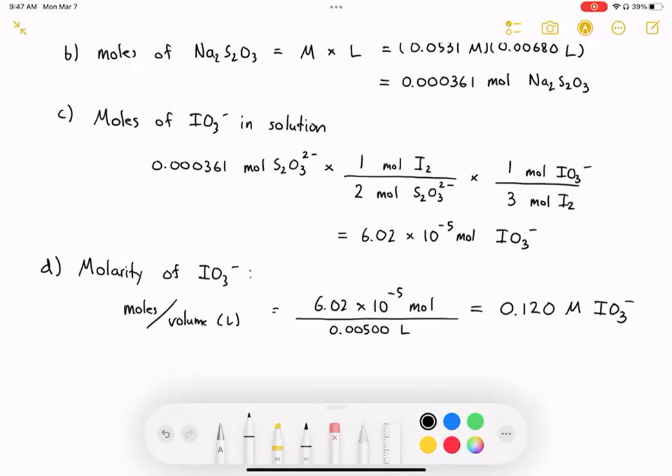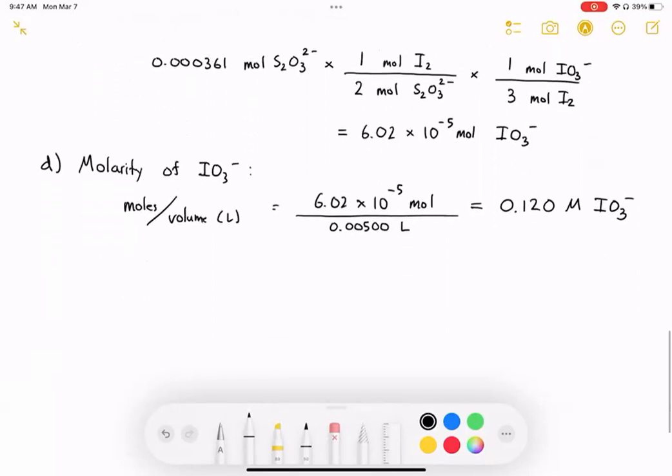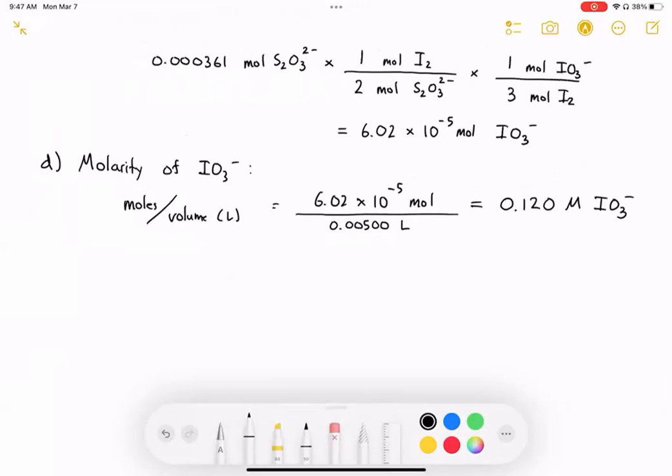Okay, so divided by 5 mL, that's actually 0.120 molar iodate ion. Okay. Now the next part is where we find the solubility of calcium iodate in pure water. So solubility of calcium iodate.